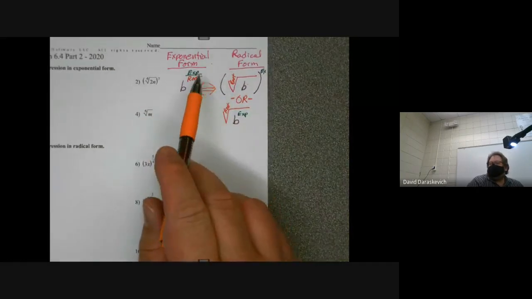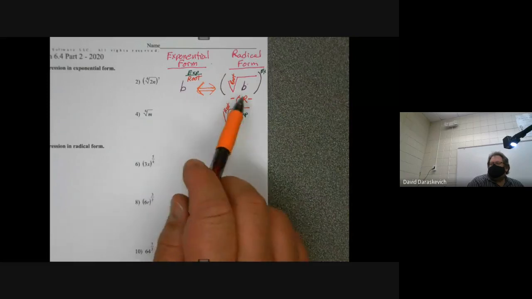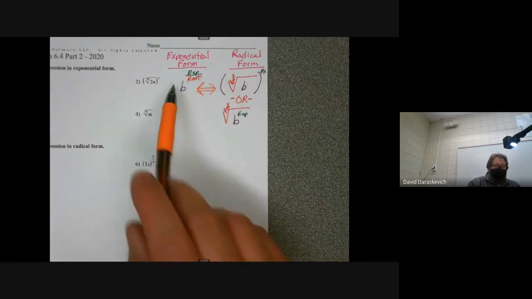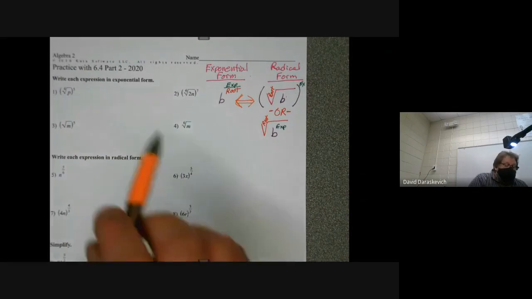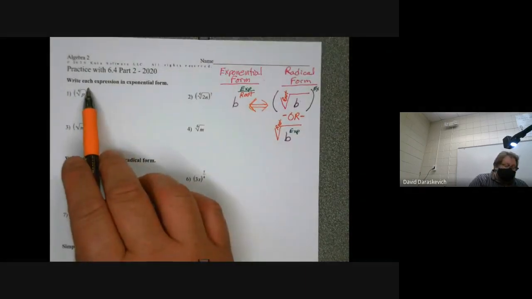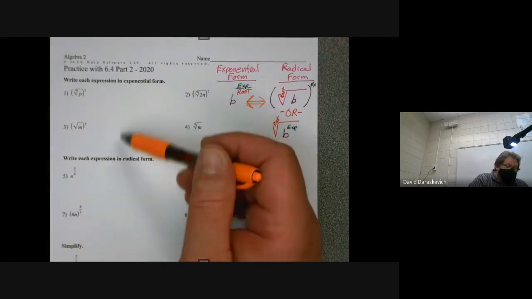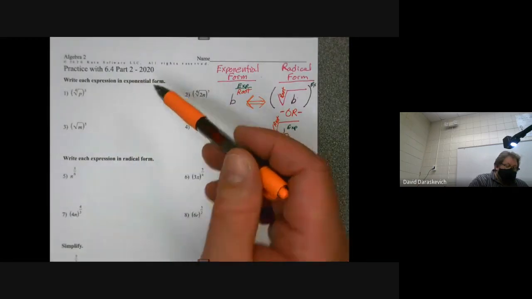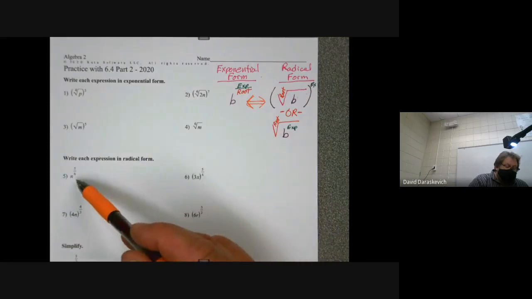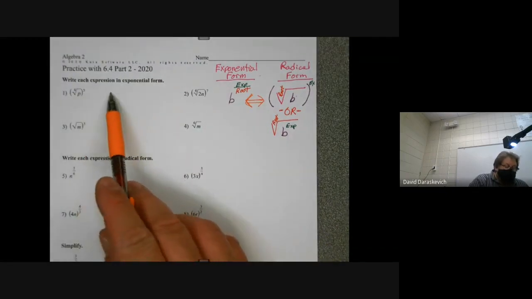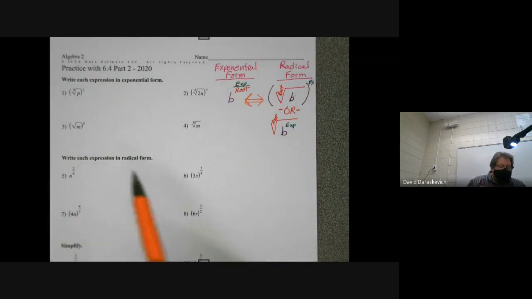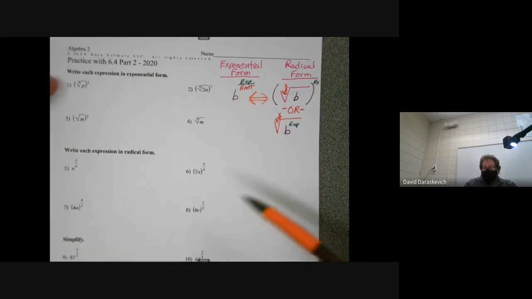You can always put an exponent in radical form and radical form into exponential form, just to make it more complicated. Okay, so the first exercise that you got here is just that. You're changing from radical form to exponential form, and then exponential to radical. Okay, so that's what you're doing 1 through 8.